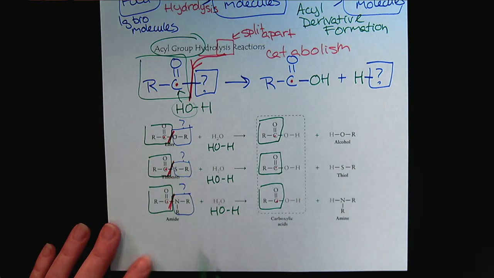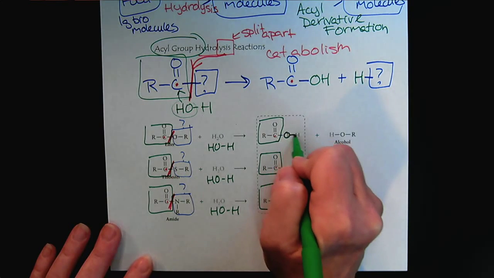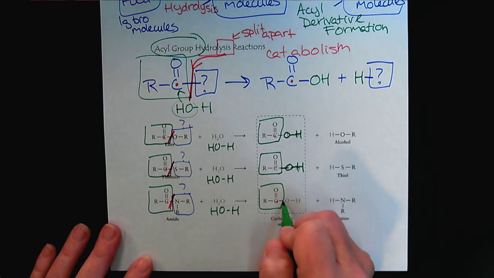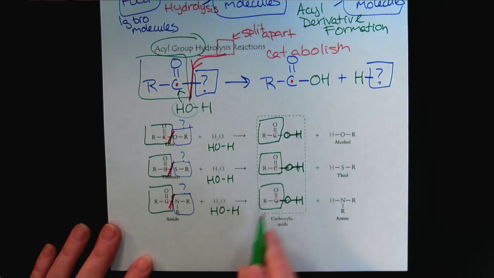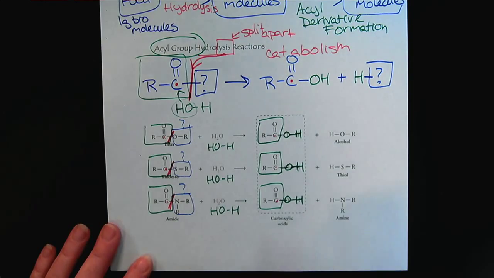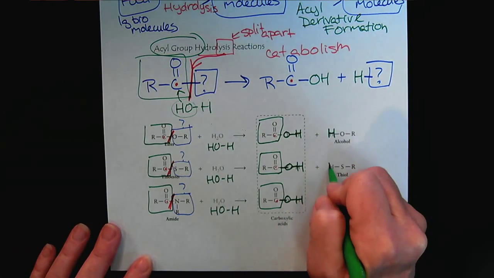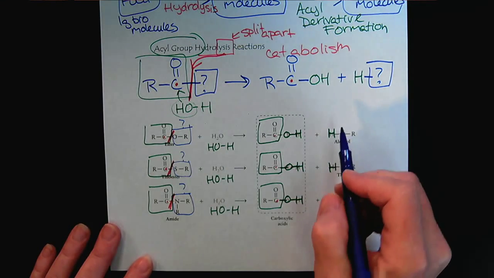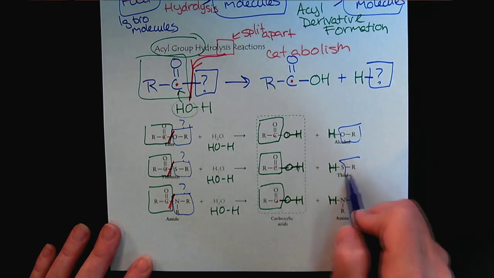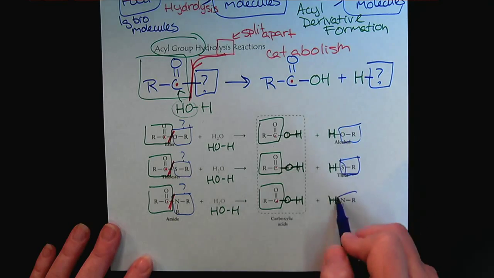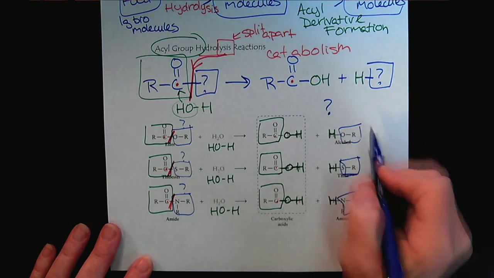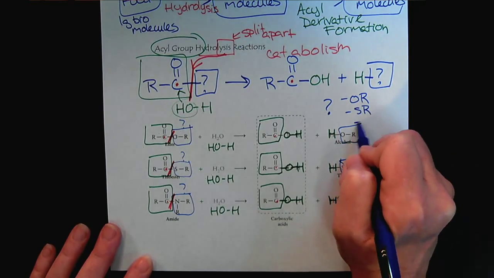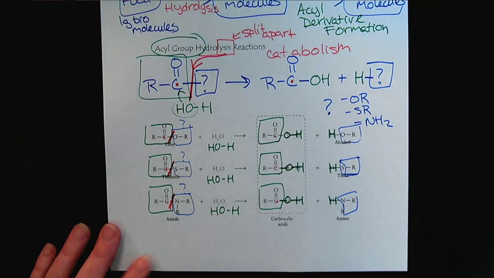As the water comes in, it splits apart. The hydroxyl portion of the water always goes with the acyl group, and the other hydrogen goes with the question mark group, which is either the ether group, the sulfide group, or the amine group.